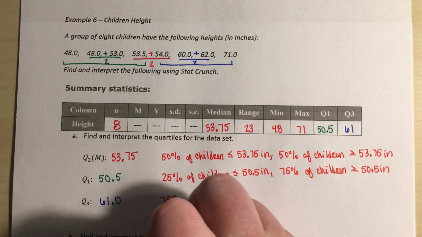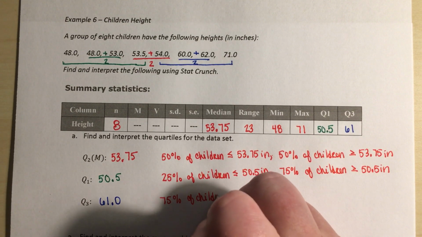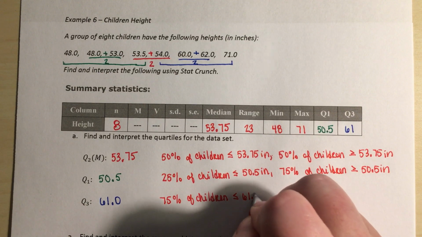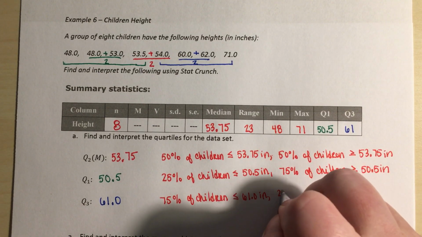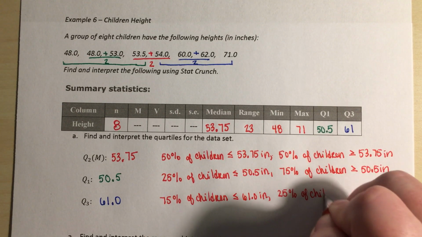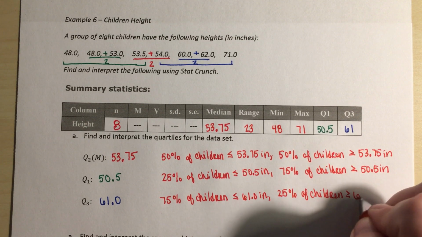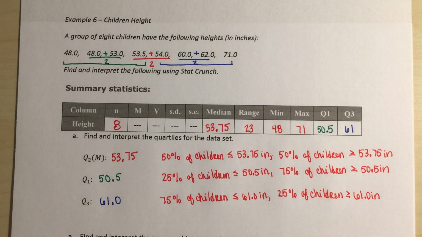And then Q3, remember, is 75%. So 75% are less than 61 inches, 25% or more than 61 inches. Right, so there's our interpretation of our quartiles.